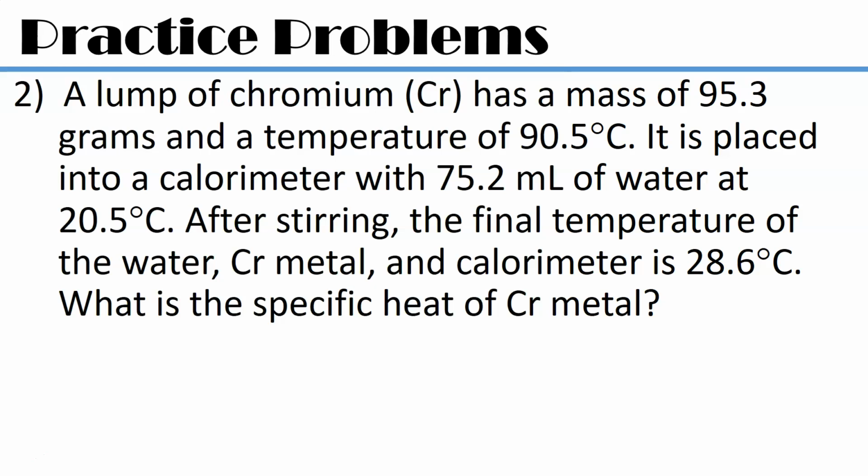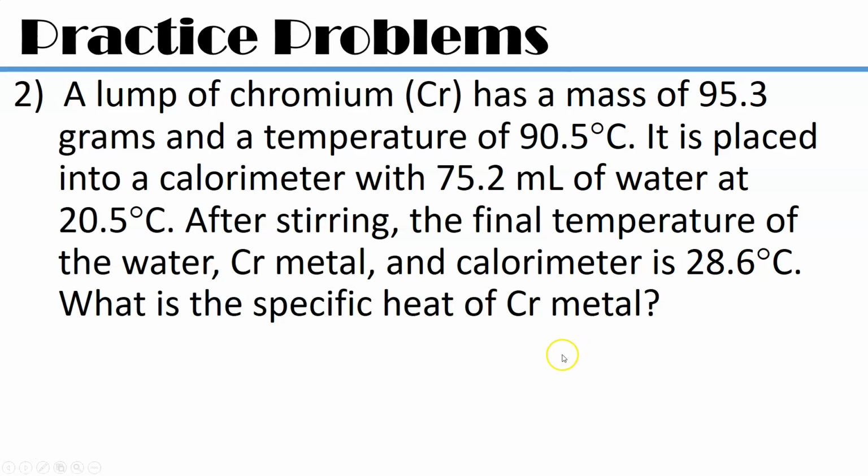What was the specific heat of the chromium? Do not just go look it up in a chart, okay? If I'm asking you to solve for the specific heat of a metal in a practice problem, there is a very good chance that I have made up completely random nonsense numbers to generate a random practice problem. So it may not match the real life number, okay?